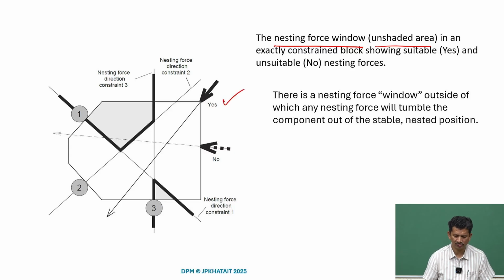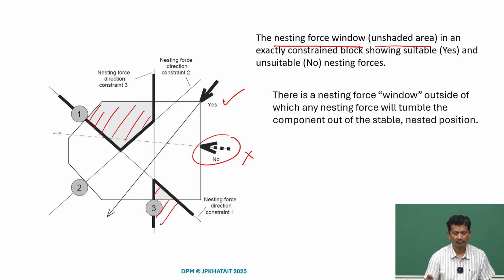So, it's a feasible solution, and if it's passing through the shaded region here, what we realize is that it's a no. It's not going to give the sufficient nesting force. So, not all the contacts will be made and it will get lifted.